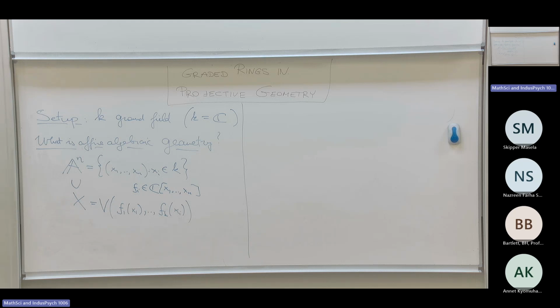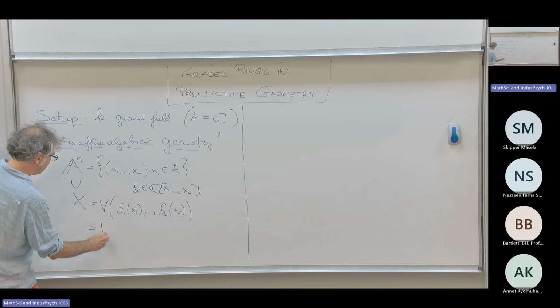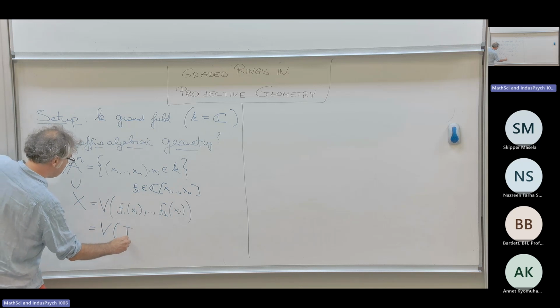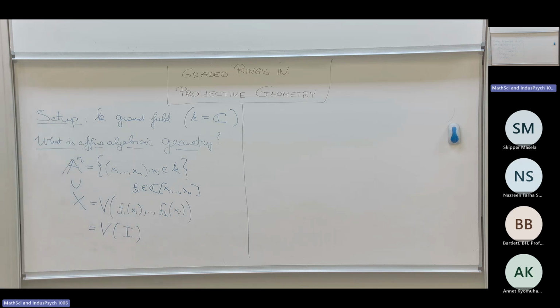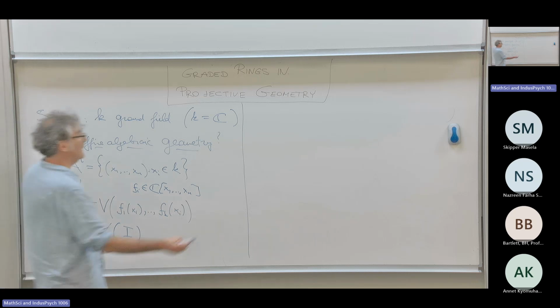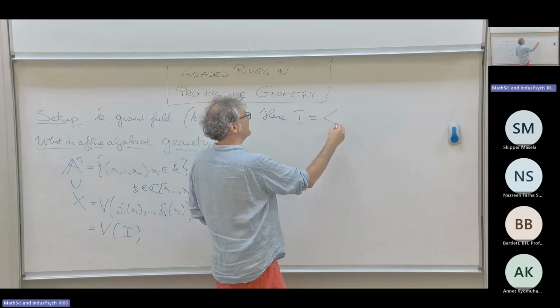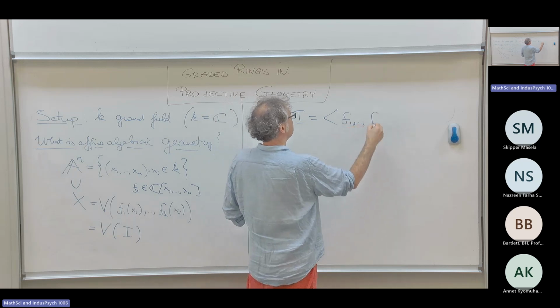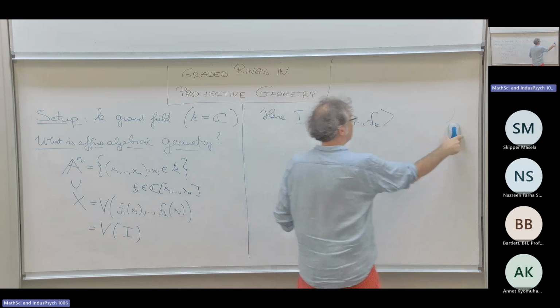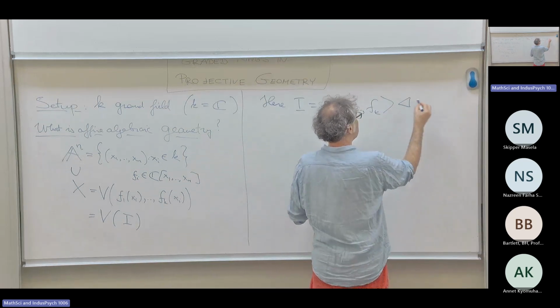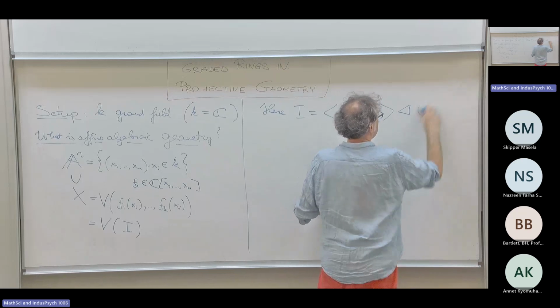And then one step up from this, we could say that X is the same as the vanishing locus of some ideal I of the polynomial ring K[x1, ..., xn], where I is the ideal generated by these polynomials. That's an ideal of this fundamental ring of polynomials.